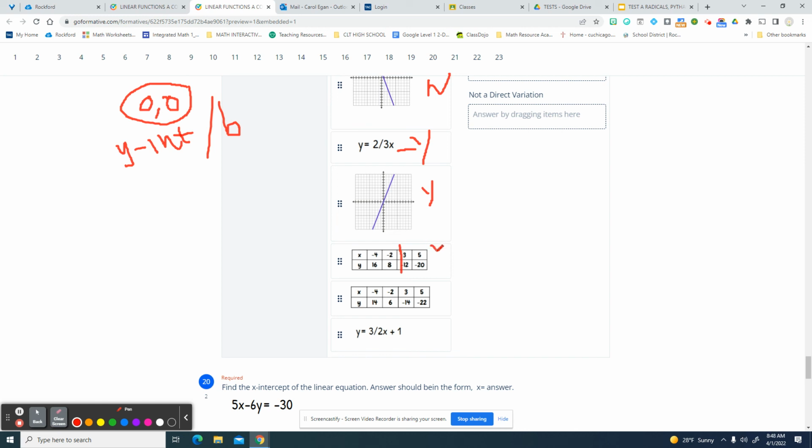So this is going to be a yes. Here, every time x goes up 2, y goes down 8. So 2, 8, that would wind up being at a -2, so this is a no. And here, b is 1, so this is a no.